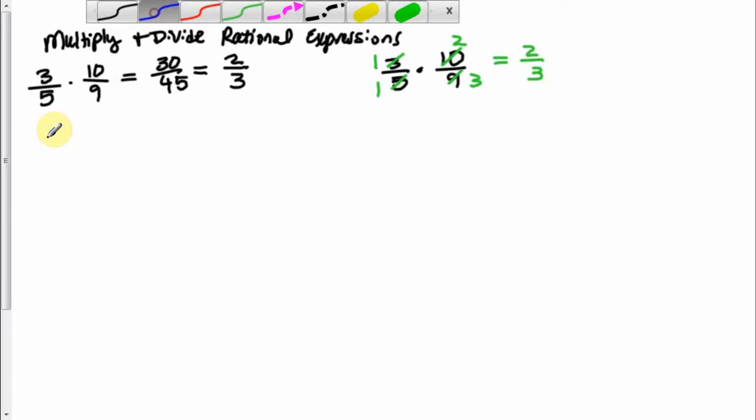So let's do one with expressions in it. 8ab squared over 7, times 21 over 3b to the third.